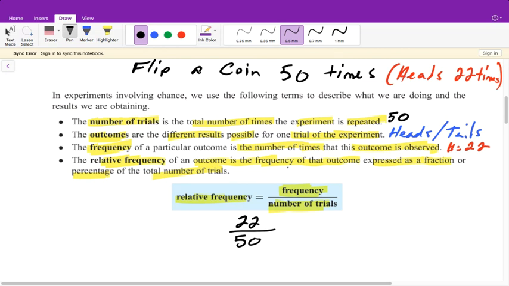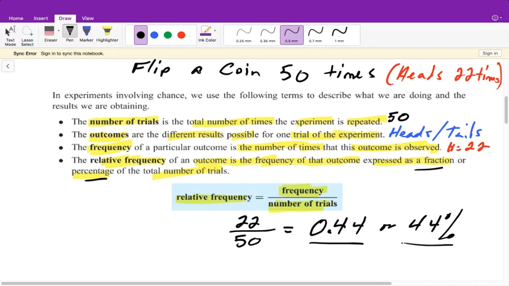You can write it as a fraction or a percentage. I'm most likely going to have you do it as a decimal throughout. So 22 divided by 50 gives 0.44. If you wrote it as 44%, that would be perfectly fine as well, but I want you writing it as a percentage or a decimal. Those are the key terms you need to know.